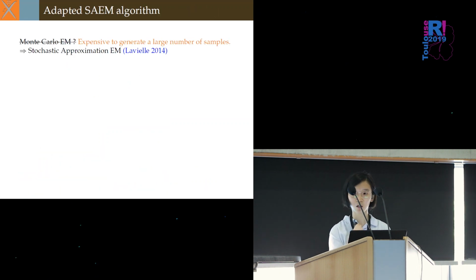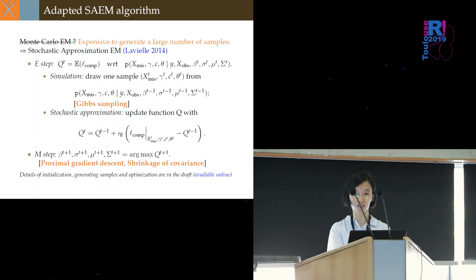One common method to deal with this inference problem is to use the EM algorithm, as Rudy has introduced yesterday. A typical application is Monte-Carlo EM, which is expensive since it has to generate a large number of samples. So here we propose to adapt stochastic approximation EM.